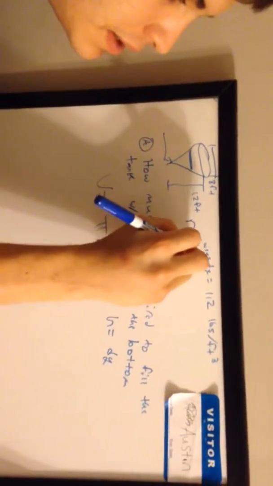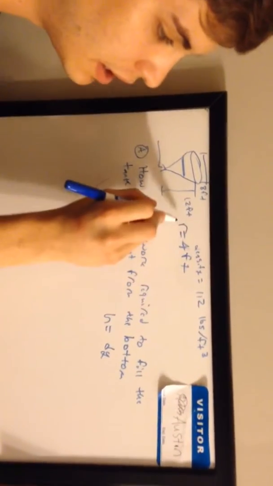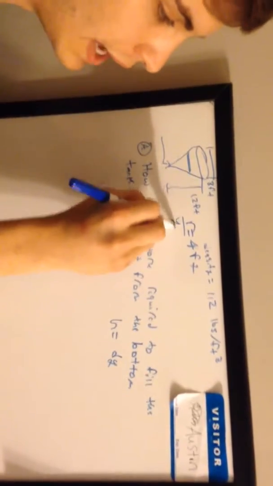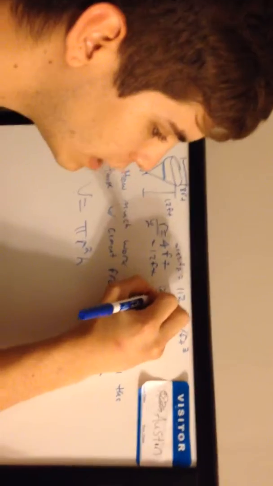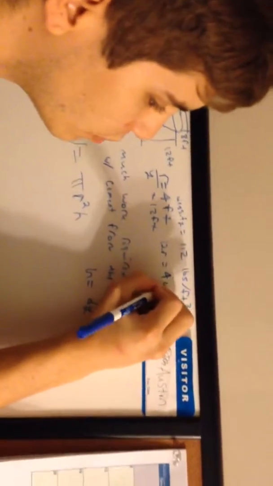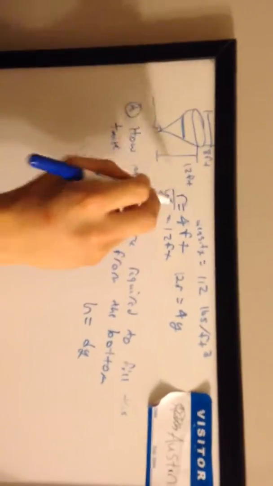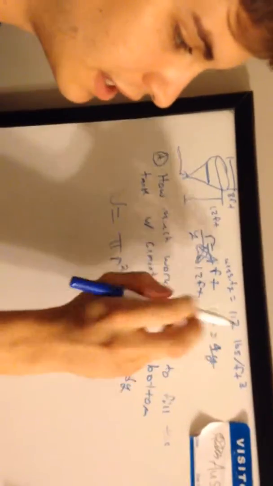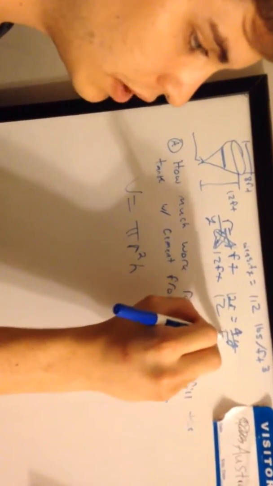So we have to imagine it as a flat plate that's continuously going up, and we measure it in each radius along the way. And the way we're going to do that is we're going to use the radius in relation to y. Currently the radius is 4 feet at the top because the total diameter is 8 feet. But over the height, which we can call y, is 12 feet. So if we have 12 times the radius equal to 4 times y, which is just cross multiplying here, we can write the radius in relation to y by dividing both sides by 12.